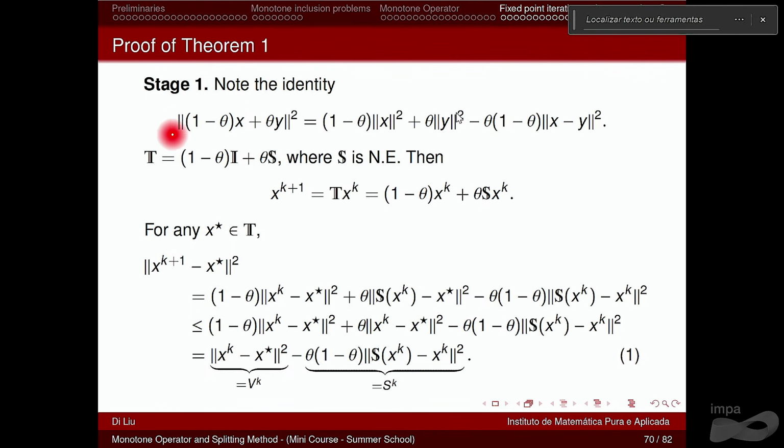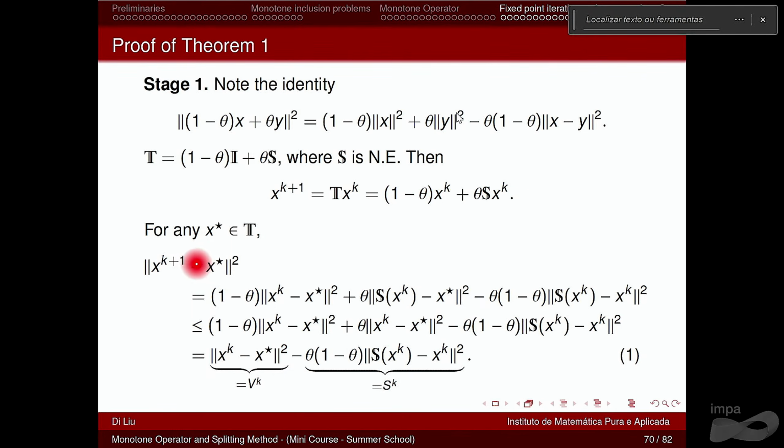Since t is averaged, it can be written as a convex combination of the identity with a non-expansive operator s. Then the fixed point iteration can be written as x_{k+1} = (1 minus theta) xk plus theta s xk.